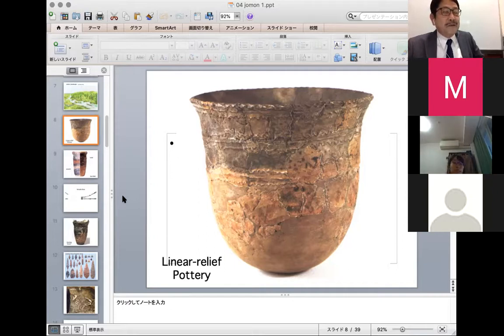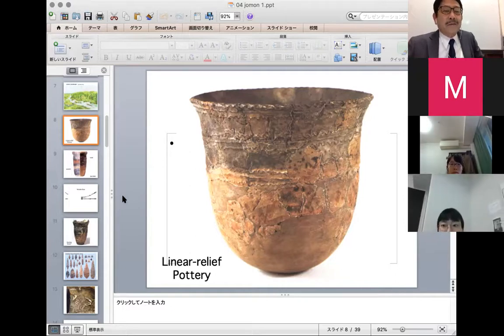So Japan is not the earliest culture of pottery, but I'm pretty sure these are one of the earliest pottery cultures in the world. East Asia was the place of invention. We don't know why though.